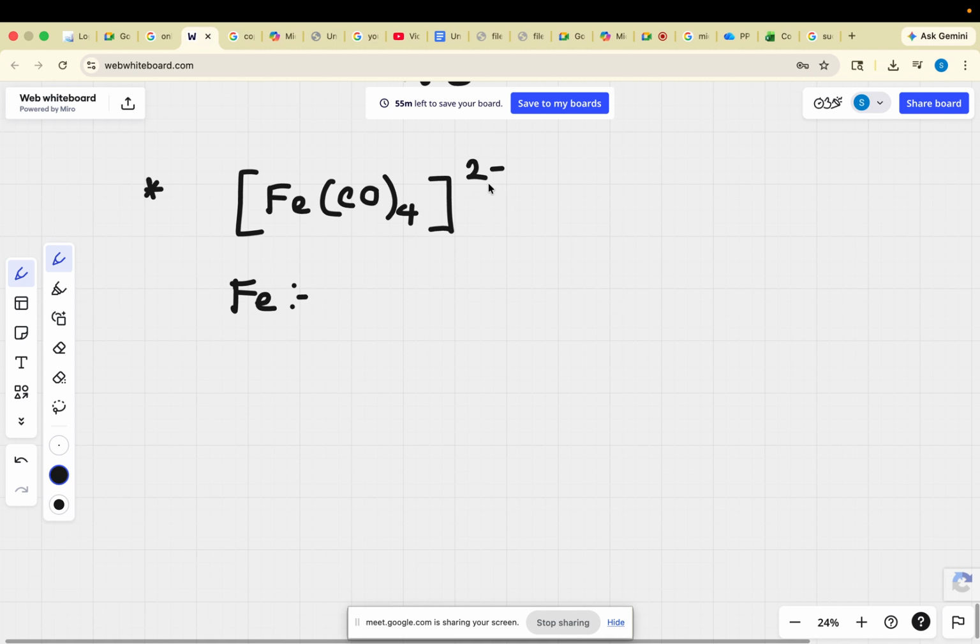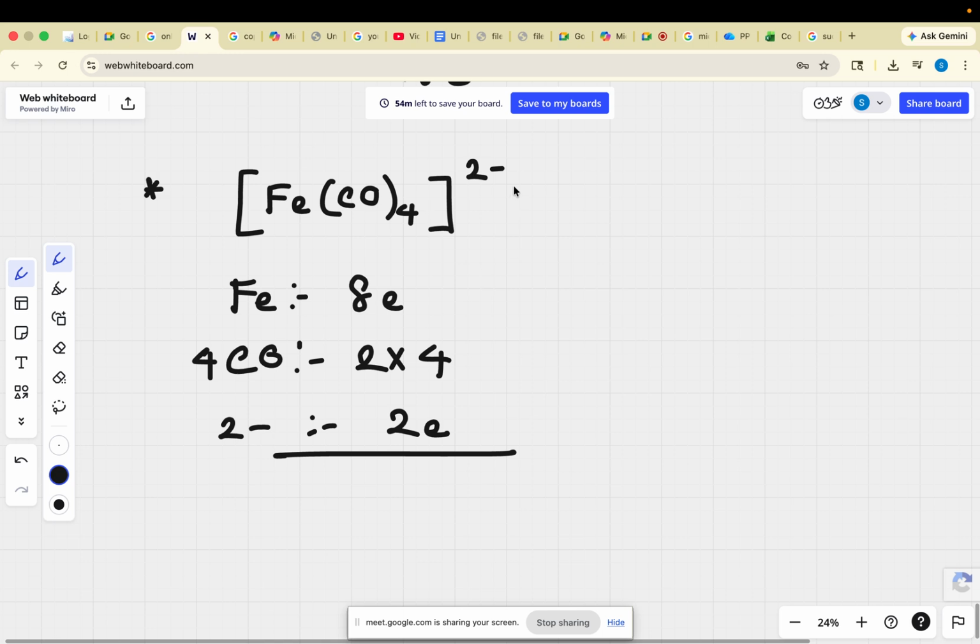For the 2 minus negative charge, you have to add electrons. Iron follows the neutral method, so iron will donate 8 electrons. You have 4 carbonyls, so 2 into 4, 8 electrons. For the 2 negative charge you have to add 2 electrons.